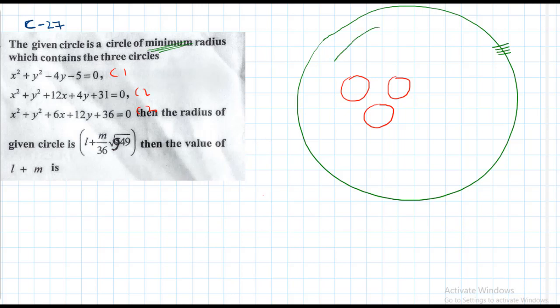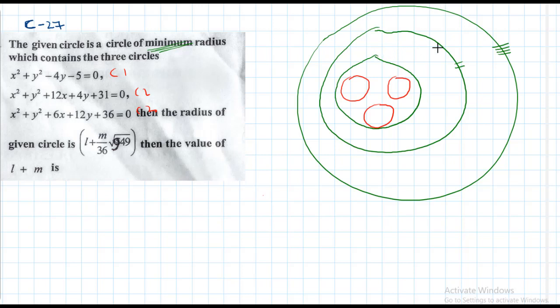One more circle exists which also satisfies the condition, and its radius is less than the previous one. One more circle also exists here which satisfies all the conditions and has a smaller radius, so we want to find the circle whose radius is minimum. First we want to find the radius of such a circle.